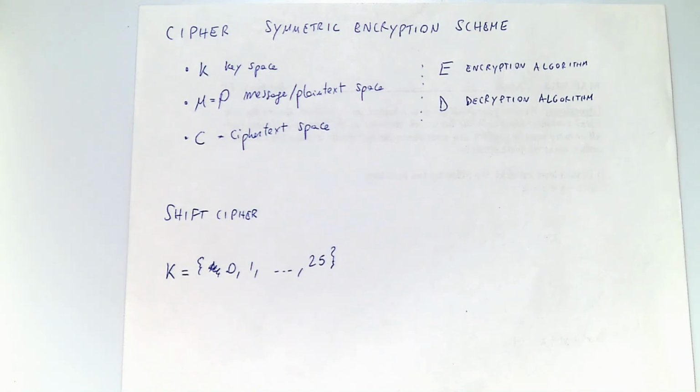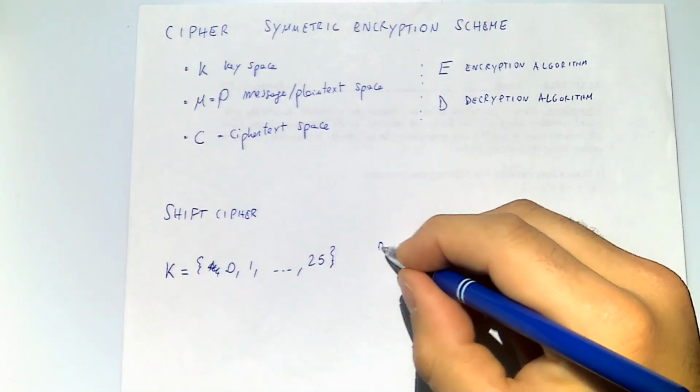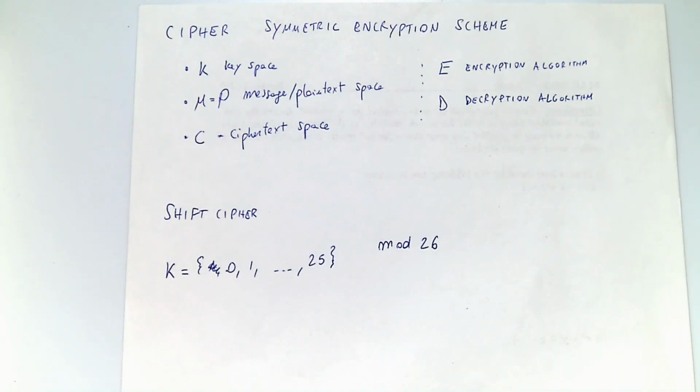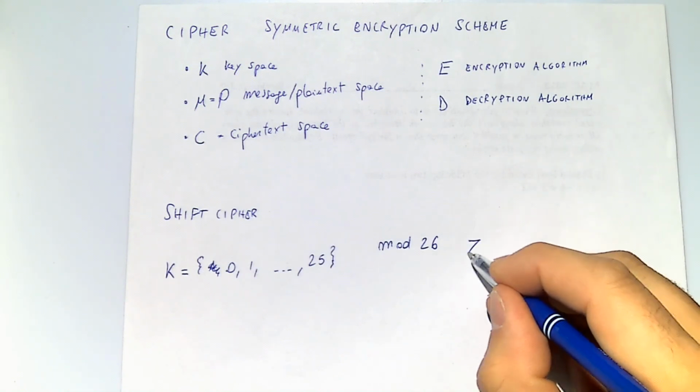A cyclic group or modular arithmetic? Modular, yes. I'm simply talking about modular arithmetic, like the hours in our day. Once I go over, I start back from the beginning. So this is like modulo 26 because I have 26 letters, at least in English, and this is really what we call Z26.